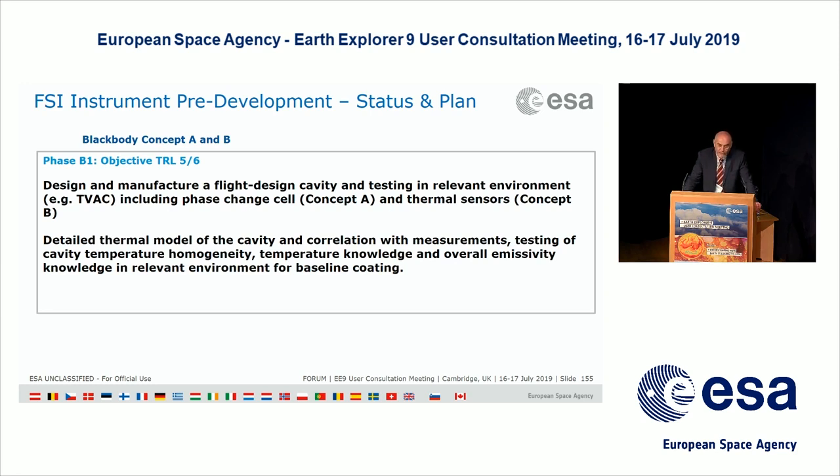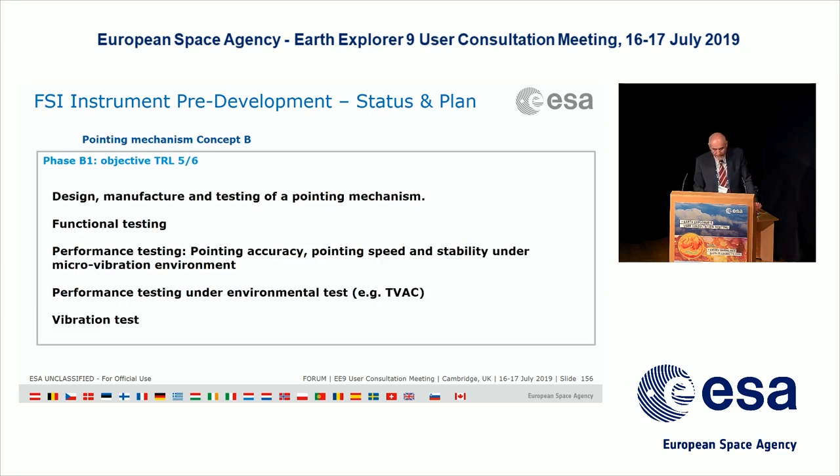For concept B, there will be dedicated development during phase B to raise the TRL of the pointing mechanism solution that has been identified. This will consist in the design and manufacturing of the mechanism and the relevant testing under representative environmental conditions, including thermal vacuum and vibration test.